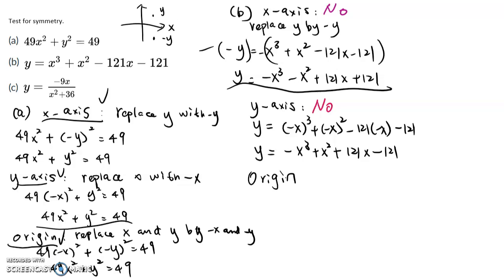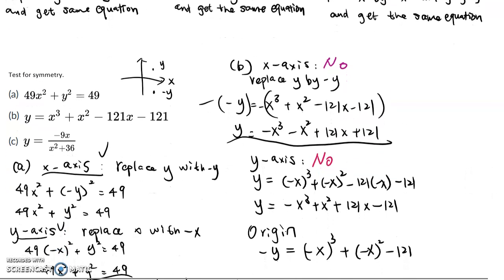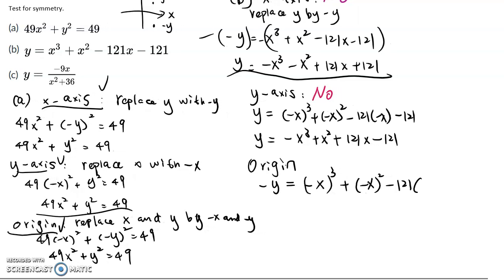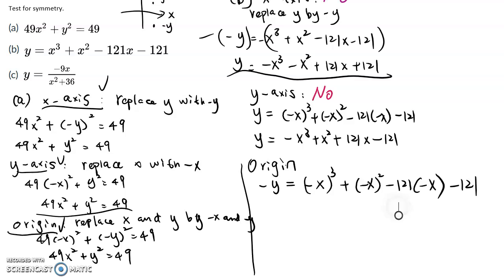I have negative y equals negative x cubed plus negative x squared, minus 121 times negative x minus 121. Okay, let's simplify this a little bit.